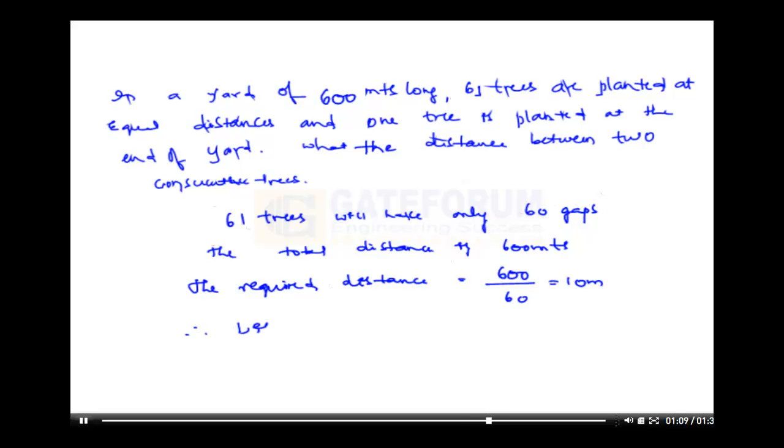So therefore we can write the distance between consecutive trees is 10 meters. The options are not given, so the answer is going to be 10 meters.